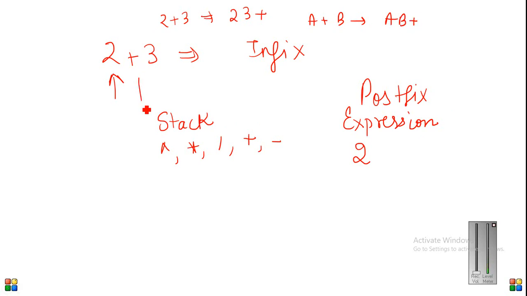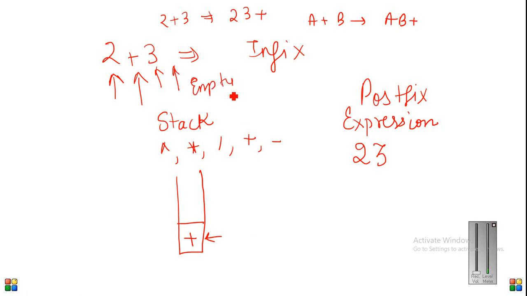Now I come across plus. So plus will go into the stack, right? So your stack top now is plus. What is next? 3. 3 is not an operator, so I will just put it beside the postfix expression. Now your string is empty, I mean end of string.